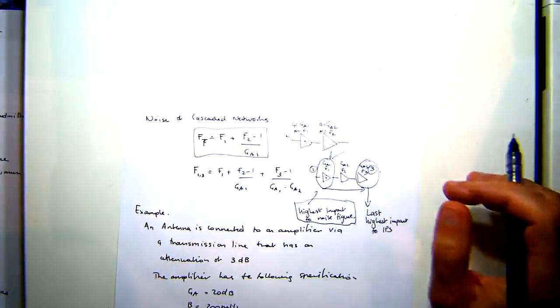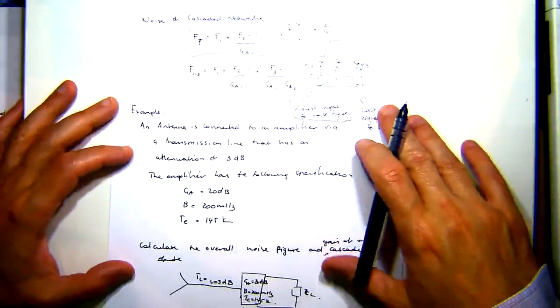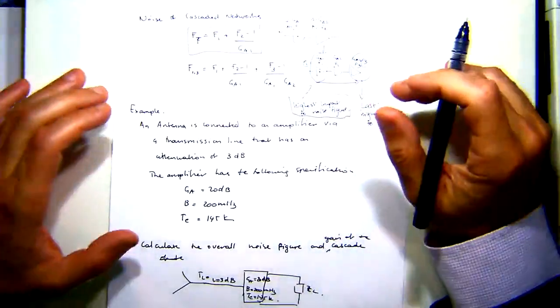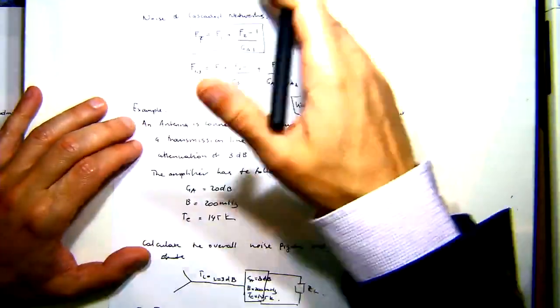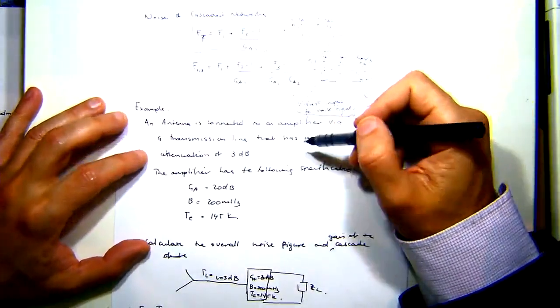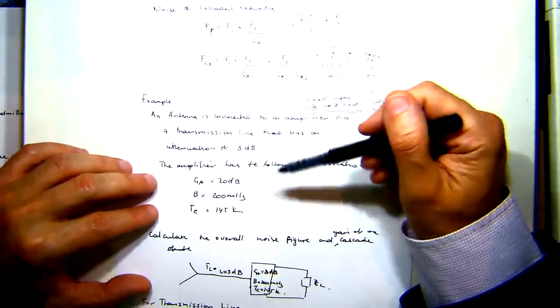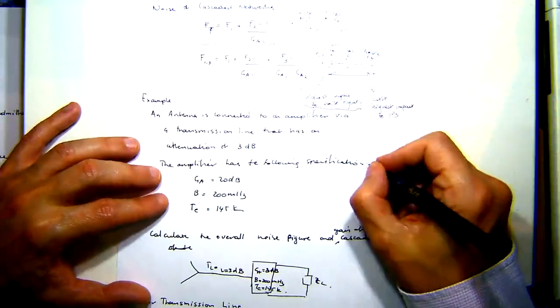Okay, let's do a little example here. We say that an antenna is connected to an amplifier via a transmission line, and this transmission line has 3 dB of attenuation, and the amplifier has the following specifications.